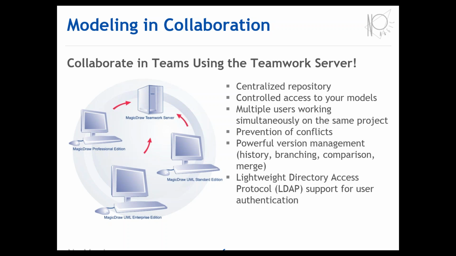Maybe some changes will be approved, some not, and later on you want to go back to the baseline, and that's using the merging functionality. Actually, every version which you commit to the Teamwork Server has a history, so you can add comments and review the history of your projects.